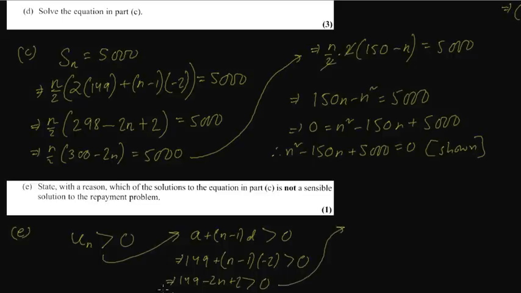So it has to be 149 plus 2, which is 151, minus 2n greater than 0. So minus 2n greater than minus 151.